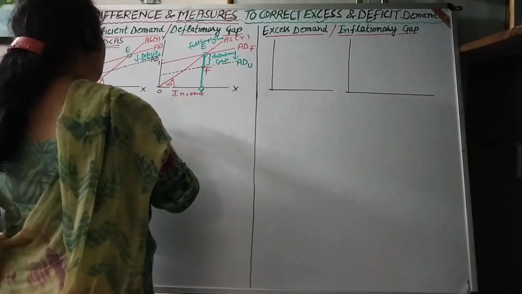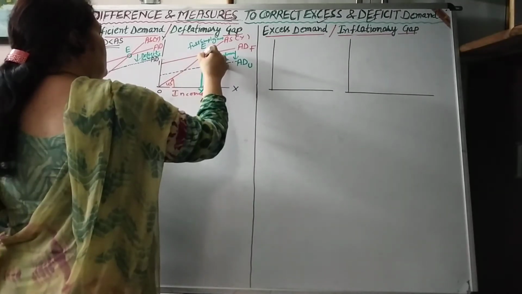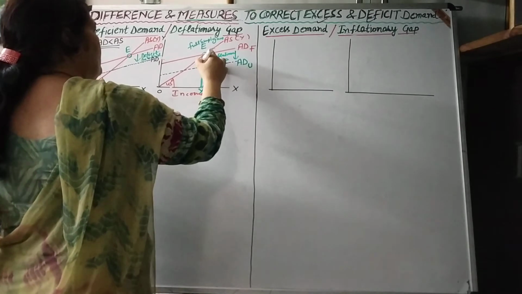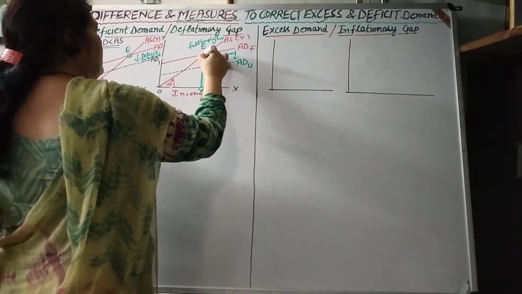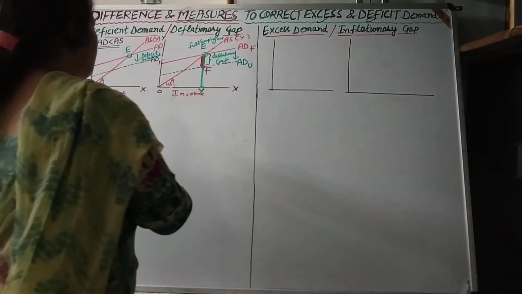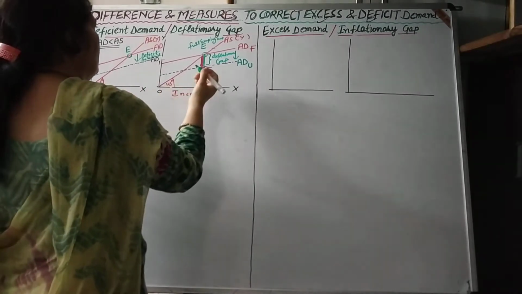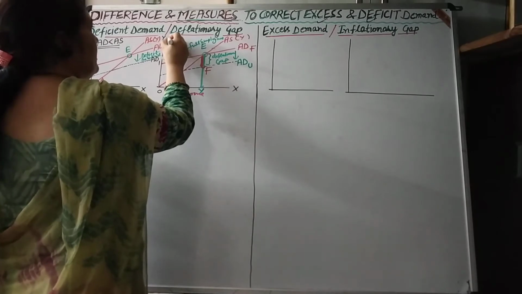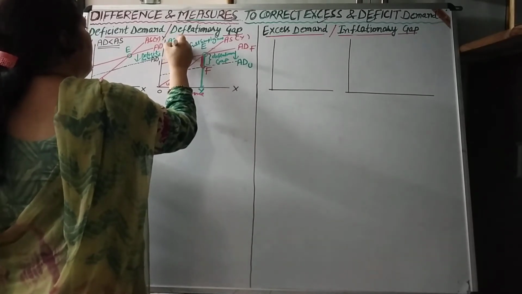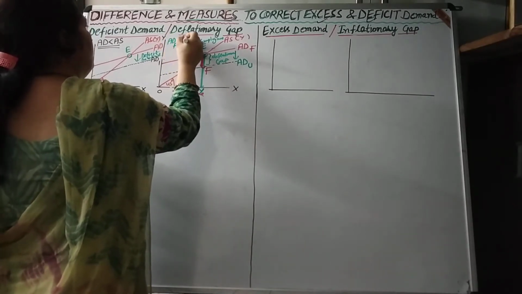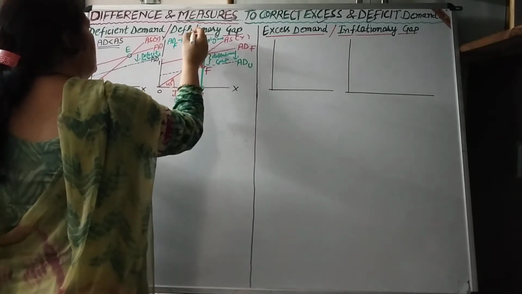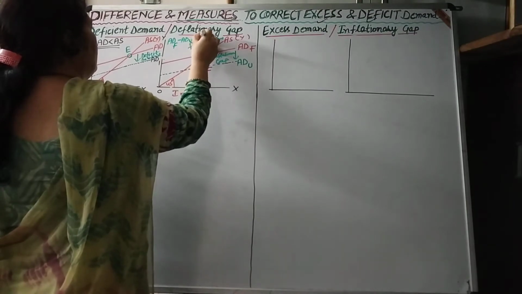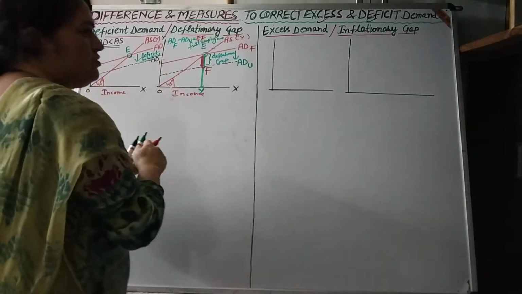I am representing the gap with the help of this red pen. And we can find out deflationary gap as ADF minus ADU is equal to EF. This is deflationary gap.